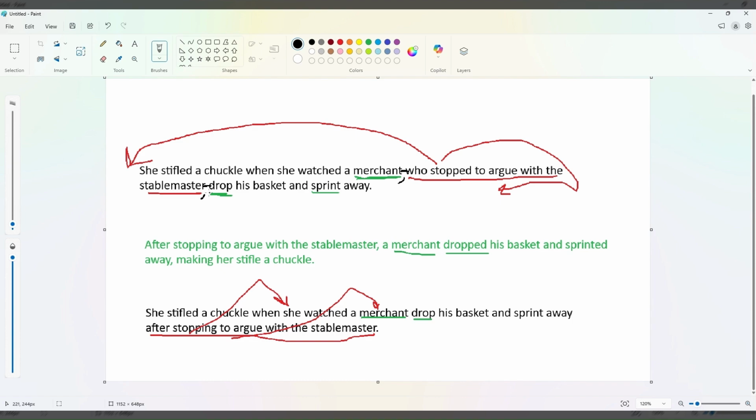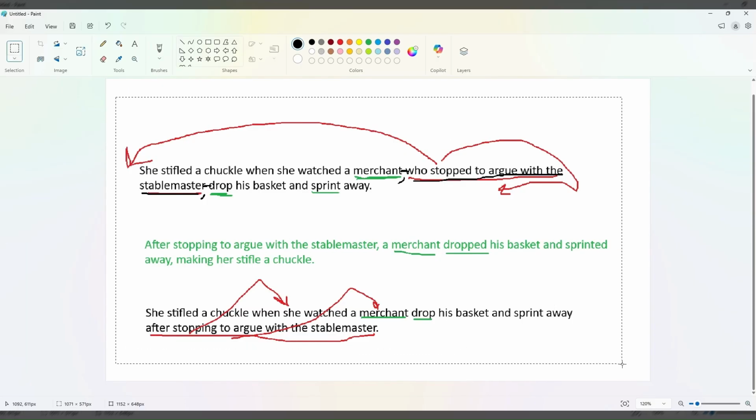An em dash is like a super comma, really, in a lot of ways, though it's not a semicolon. Anyway, it gives us a visual clue that this part, who stopped to argue with the stable master, is separate, so our brain should process that separately. She stifled a chuckle when she watched a merchant, who stopped to argue with the stable master, drop his basket and sprint away. So our brain pauses here and then picks up again there. So that's another way we can handle that to make it more readable.